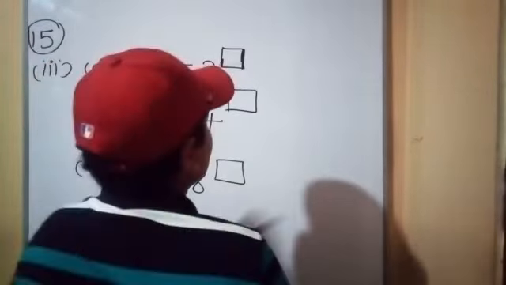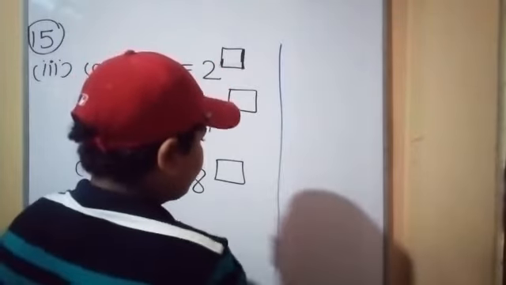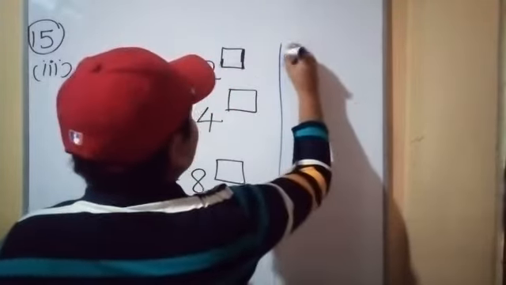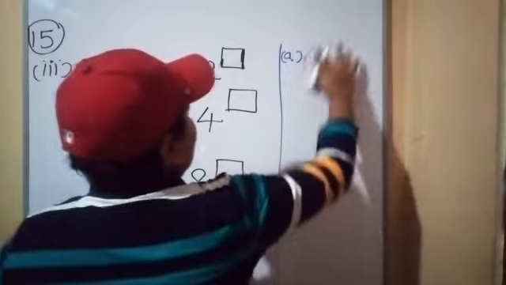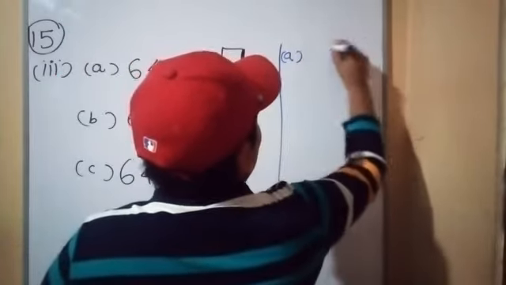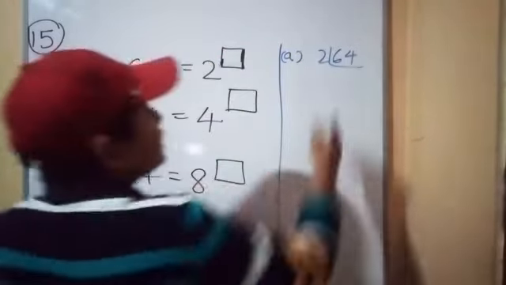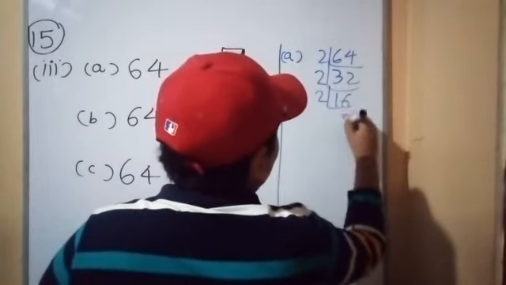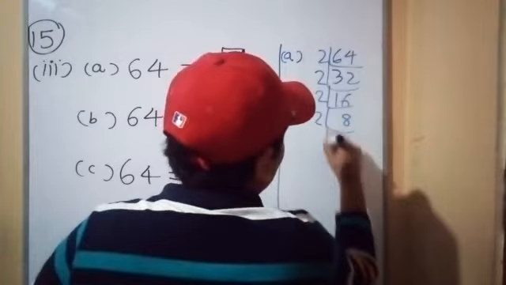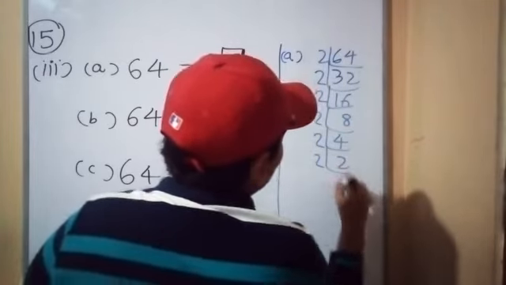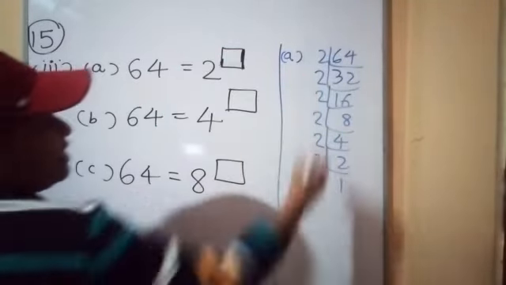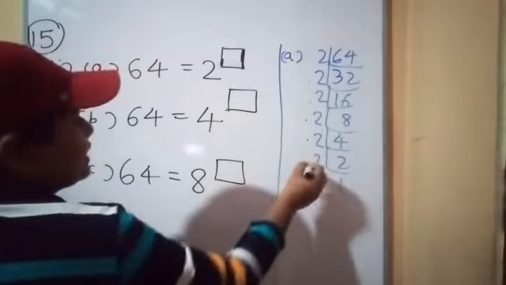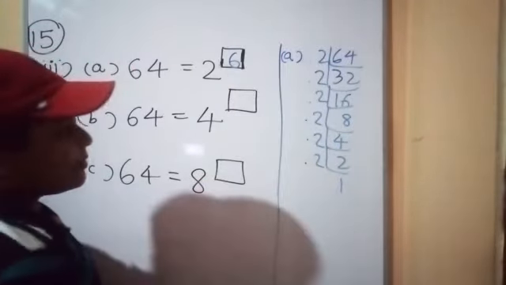Now A, 64. Divide this 64 by 2: 32, again 16, again 8, again 4, again 2, again 1. That is 1, 2, 3, 4, 5, 6. So 2 to the power 6.